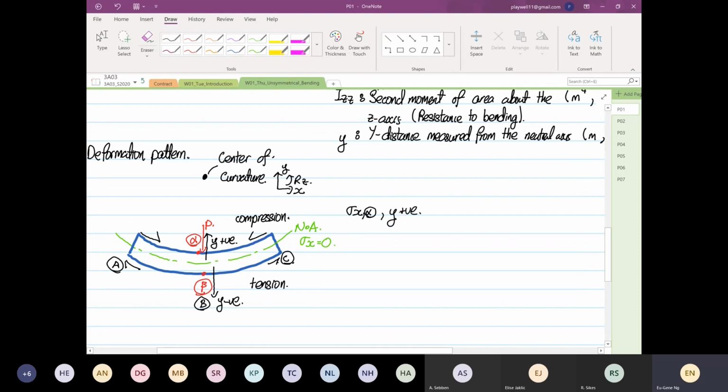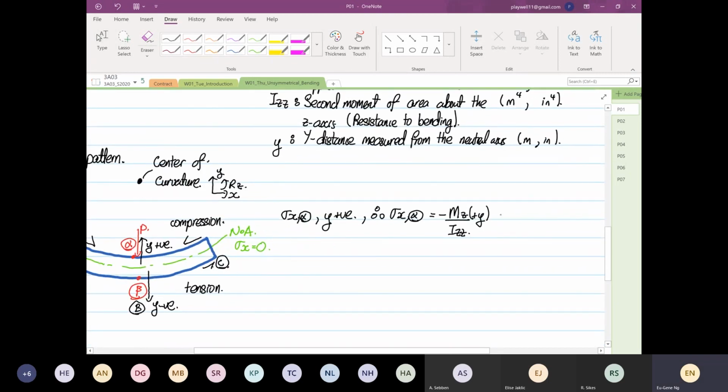Therefore, stress X of point alpha is equal to minus Mz over Izz multiplied by positive y. Because y is positive, the outcome of this equation is negative, showing that it's under compression.